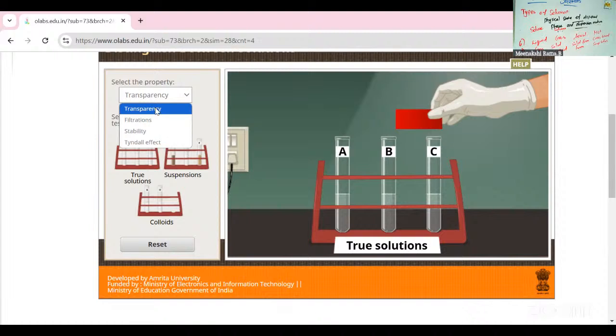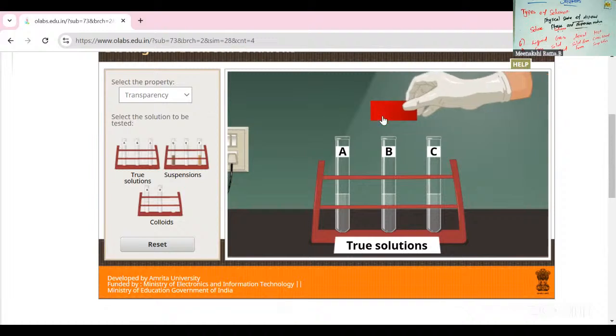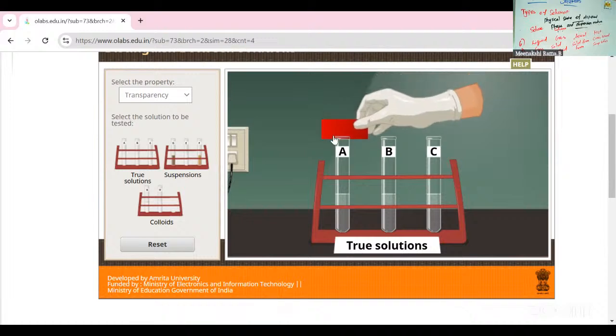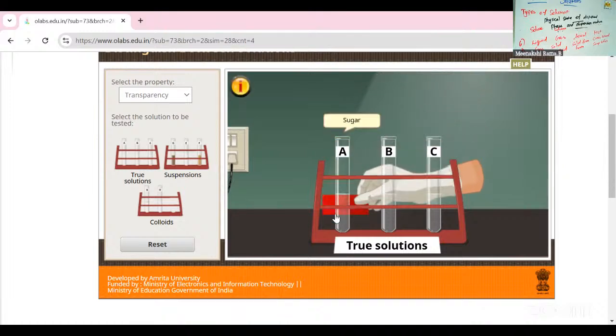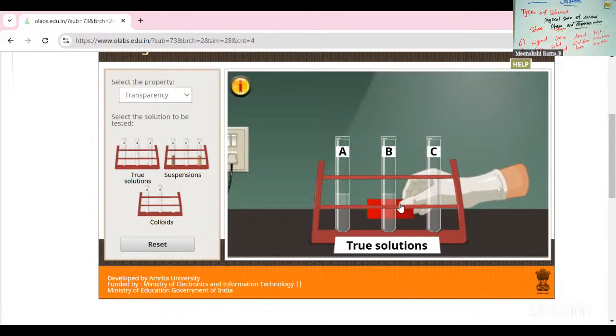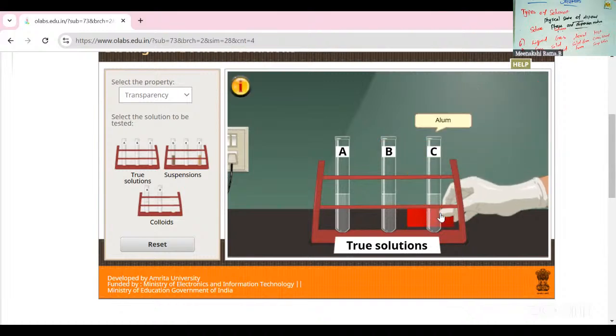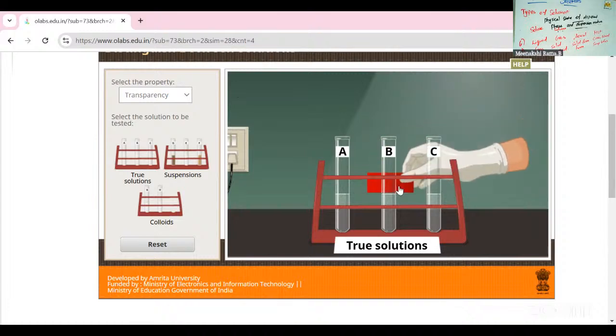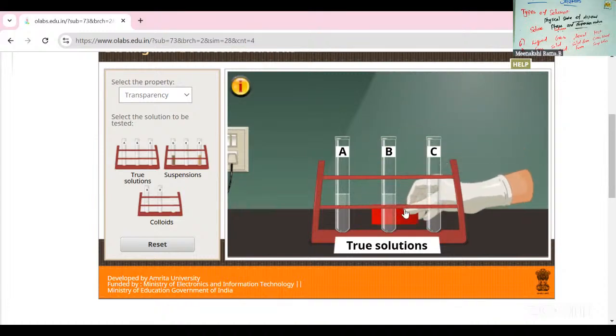First, I am going to choose the transparency property and choose true solution. This is the cellophane paper. I'm going to show the paper behind the solution. There are 3 test tubes, A, B, and C. How is the nature of the result? Yes, the paper is clearly visible.